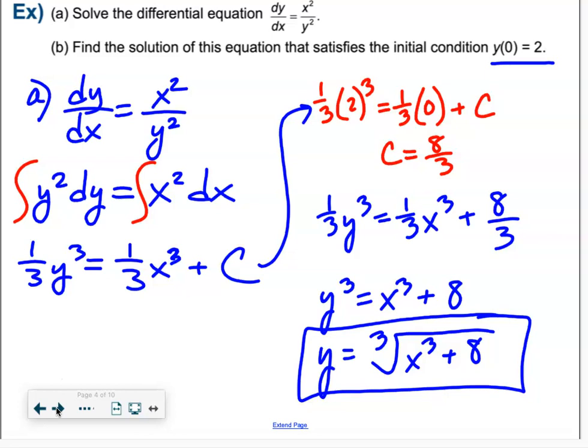How do we do? Good. Do I need a plus or minus in front of that root? No. Why not? Because it's a cube root.